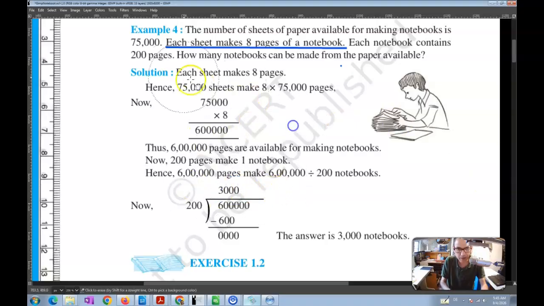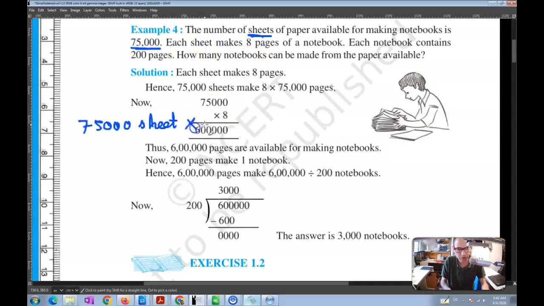Another way is to make this a little bit simpler. You have 75,000 sheets over here, the number of available sheets is 75,000 sheets of paper. Now if each sheet makes 8 pages of a notebook, so one sheet, 8 pages.